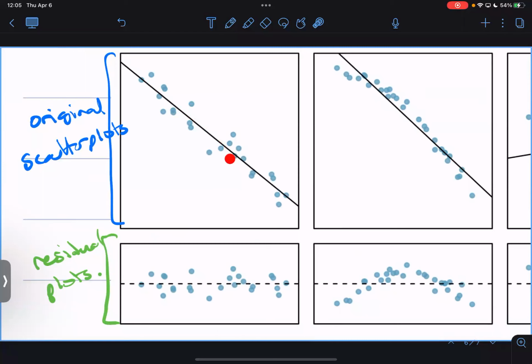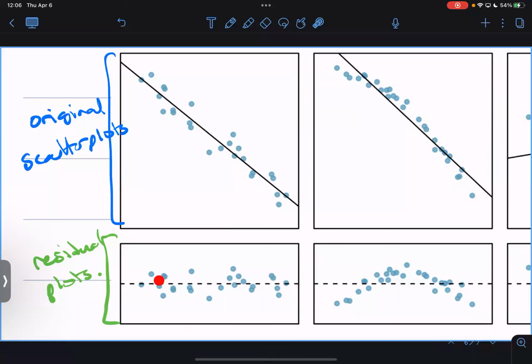It looks like I should be able to fit a straight line and it's going to do a reasonable job. And in the residual plot, there's usually a line at 0 or we add a line at 0, and it looks like I have random, even scatter around 0. So it looks like I have approximately normal residuals, because the random, even scatter makes a normal distribution.